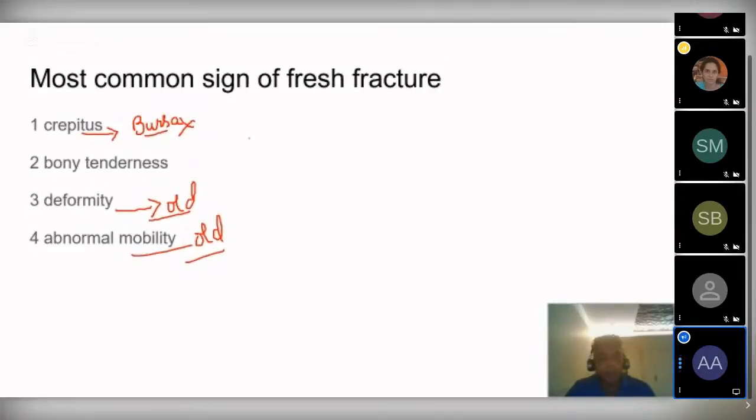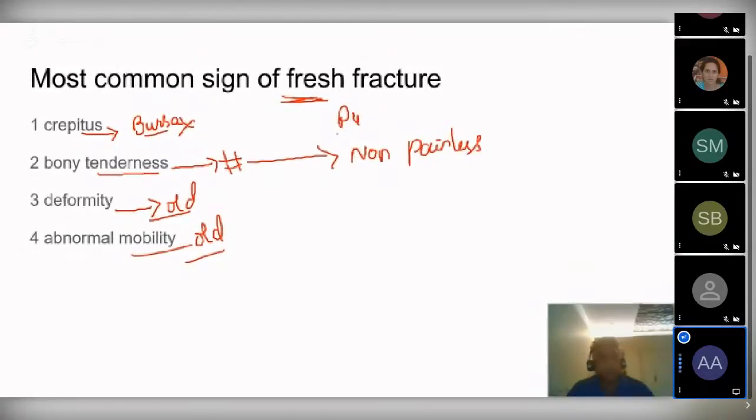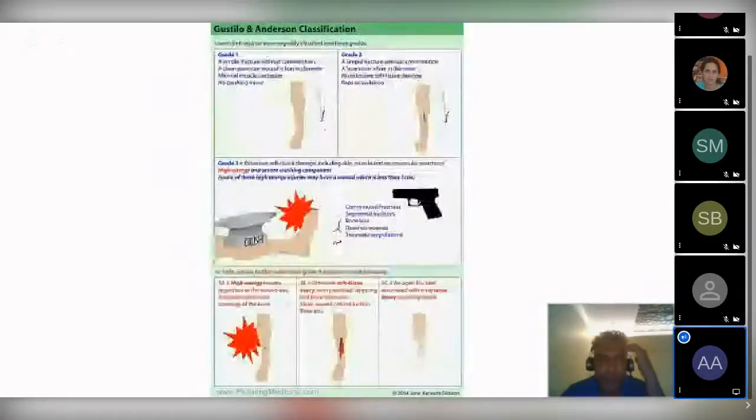The most common sign for a fresh fracture is tenderness. Initially the fracture is painful. If you leave it alone, whether the fracture unites or goes for non-union, it becomes painless. Remember, so an acute or fresh fracture is painful. Bony tenderness is the most common sign for a fresh fracture.